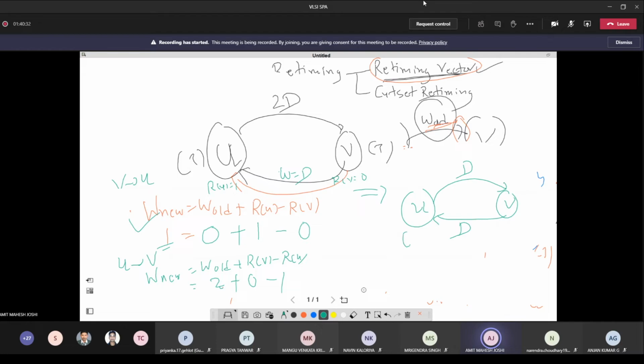So now if I consider what happened, the critical path delay is reduced from twice T to T, because anyhow you observe this part is broken, this part is broken.